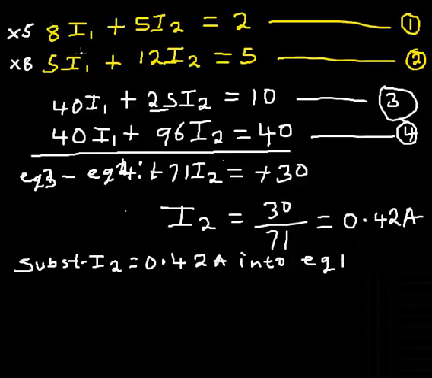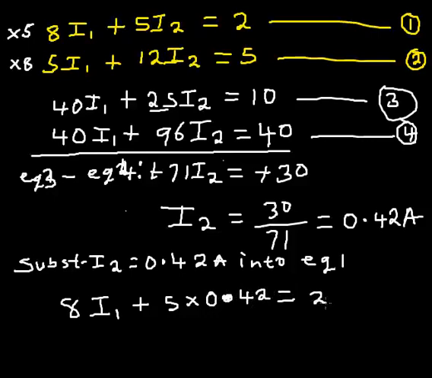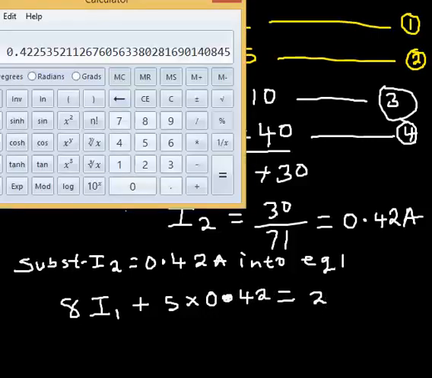My equation 1 is 8i1 plus 5i2. That's going to be 5 times i2, which is already 0.42, equal to 2. So let's do this: 5 times 0.42, that's 2.1.